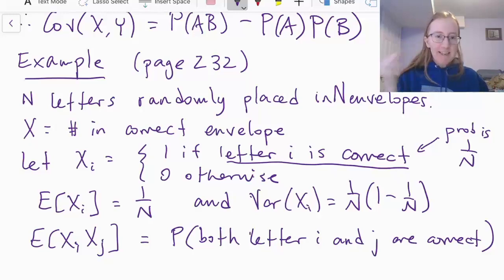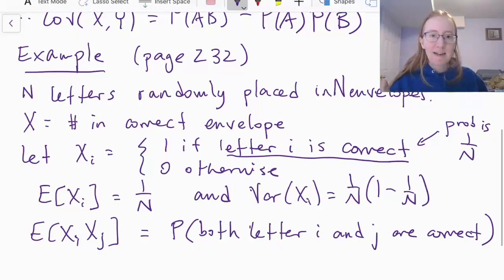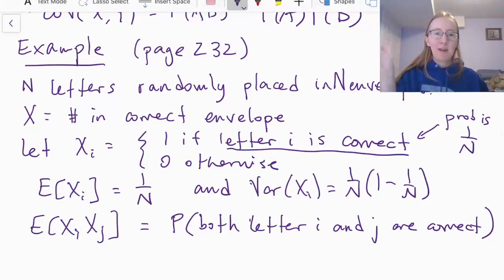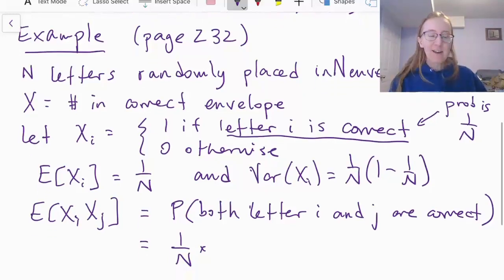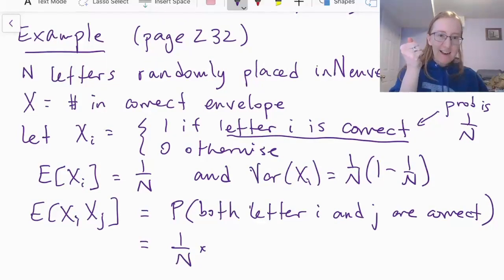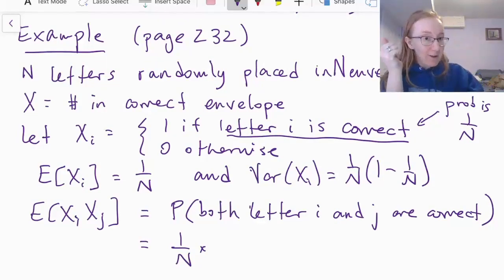And there's a couple of ways to think about this. You could think about it sort of like conditioning. So we get letter I being correct, which is 1 over n. And then we also want letter j to be correct. So given that letter I was correct, letter j being correct, now you have a second letter in your hand, and there's only n-1 envelopes left, and one of those is the right one for j.